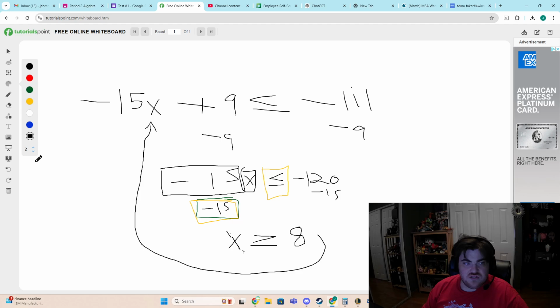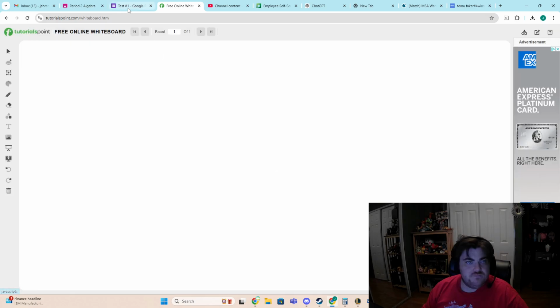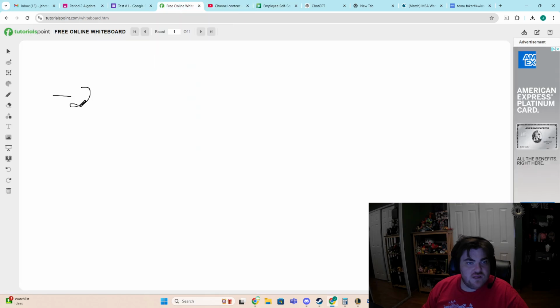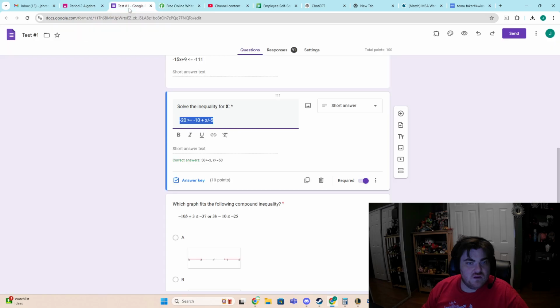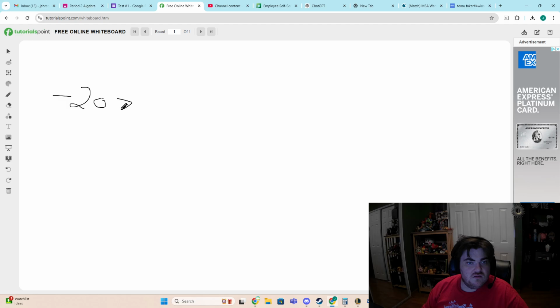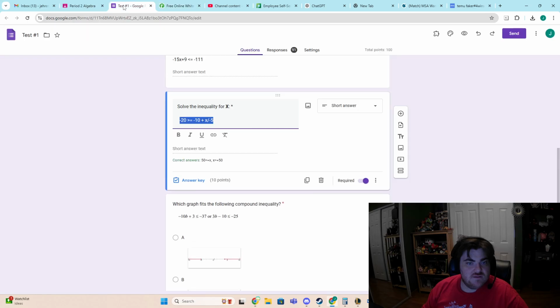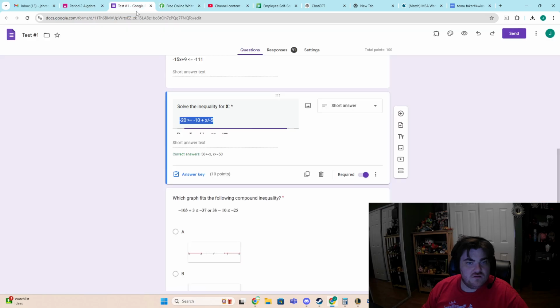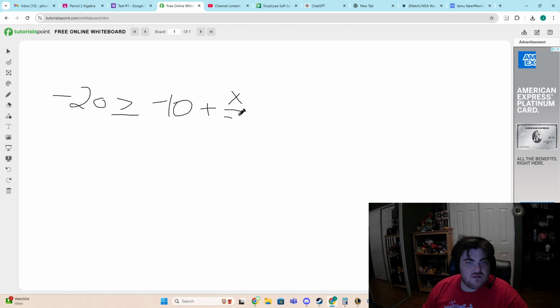Let's try another one, just to make sure that you guys got it. Let's do this one. So it's going to be negative 20 greater than or equal to negative 10 plus x over negative 5.